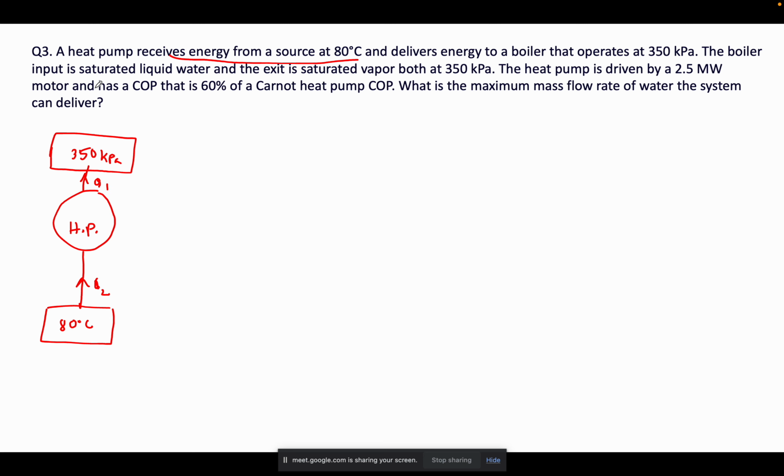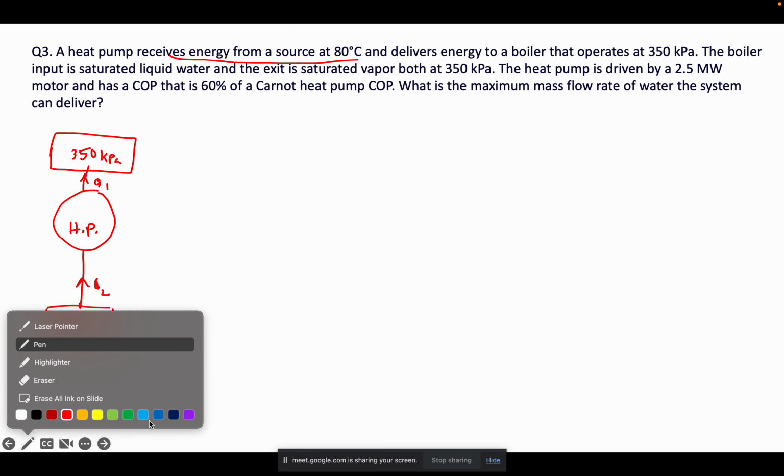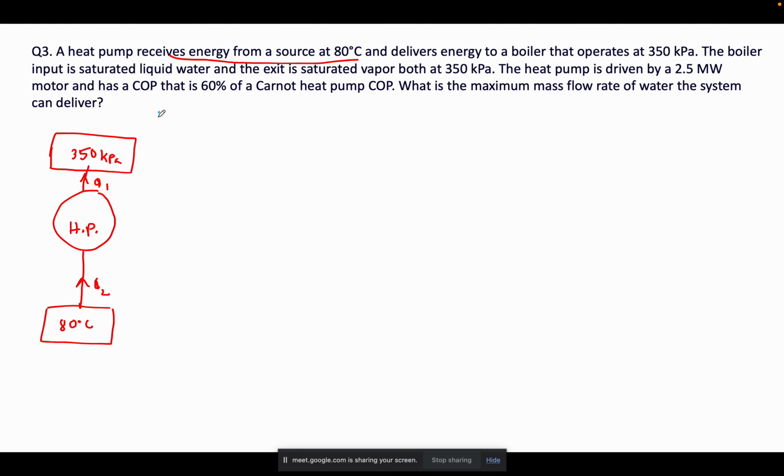Now the boiler input is saturated. Since this is a boiler, the work it will do is to produce steam. Say there is some water input which goes inside the boiler and comes out. So the boiler input is saturated liquid water.